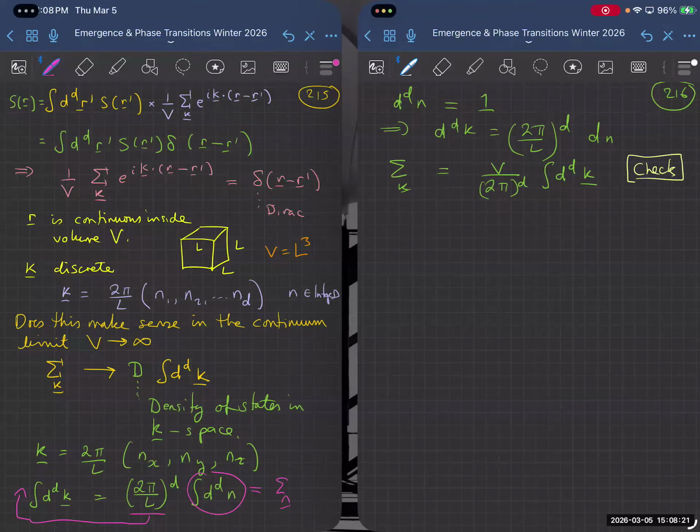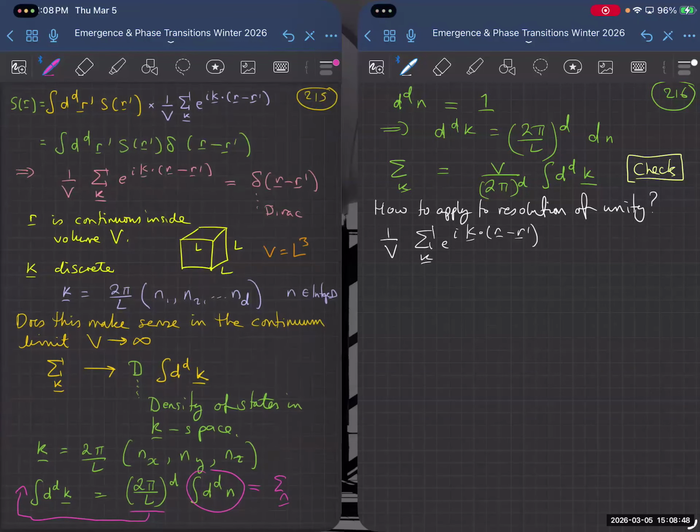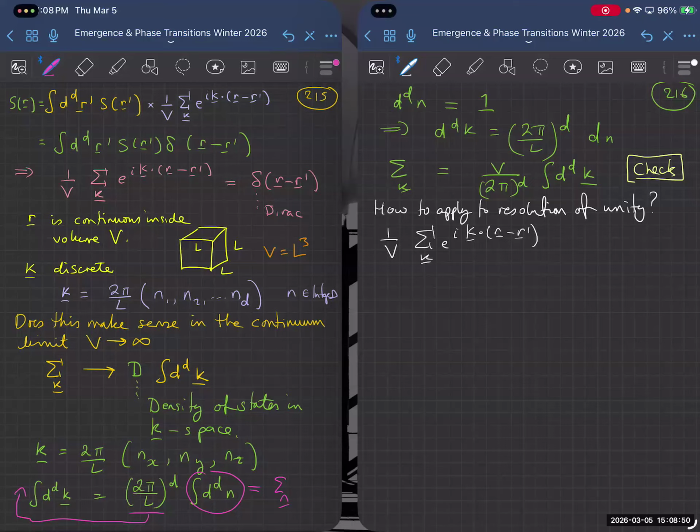So then let's see how that applies to our resolution of unity. What I've got is 1 over V sum over k e to the i k dot (r minus r'). That's the thing we had over here that we guessed it must be. Now let's see if we can check that guess is true.